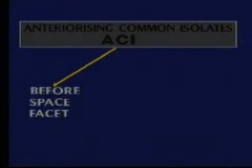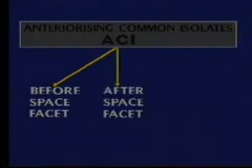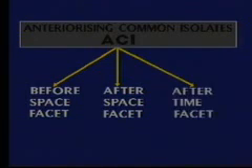Anteriorizing common isolates, or ACI, are further divided into three groups: applicable before space facet, applicable after space facet, and applicable after time facet. Let us see the use of ACI with the help of an example.